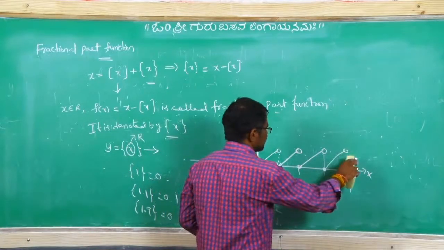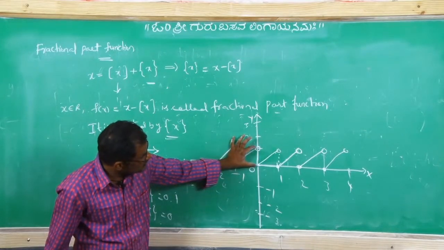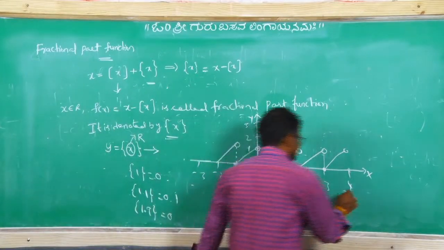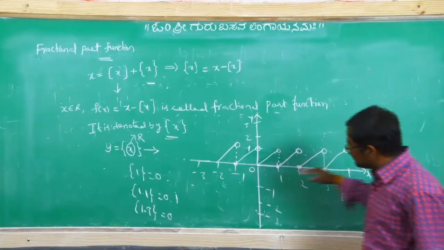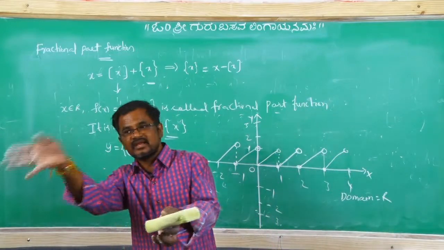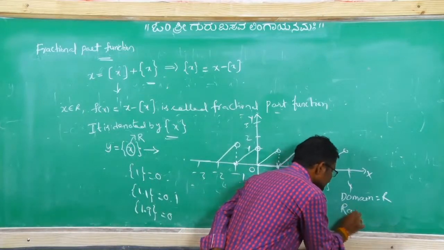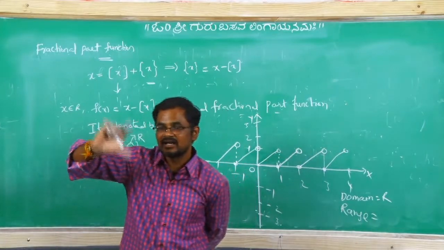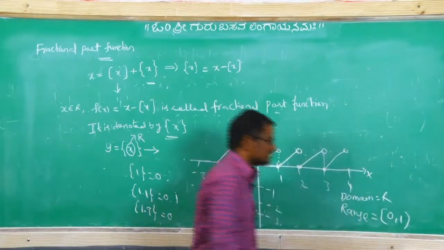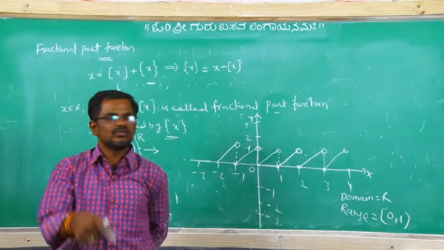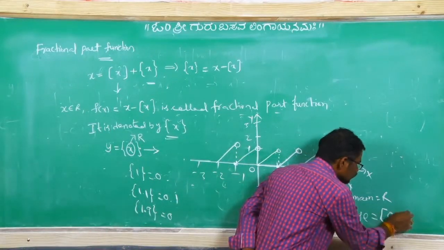So this is about the fractional part: the graph has 0, but 1 is not there, only between the closed interval 0 to open interval 1. What is the domain? Any real number, because for any real number you take on the x-axis, a y value exists: 0, 0.1, or 0.9. But what about the range? It does not exceed the closed interval 0 to open interval 1, because it may be 0 or 0.1 but never 1. So the range is the closed interval 0 to open interval 1.